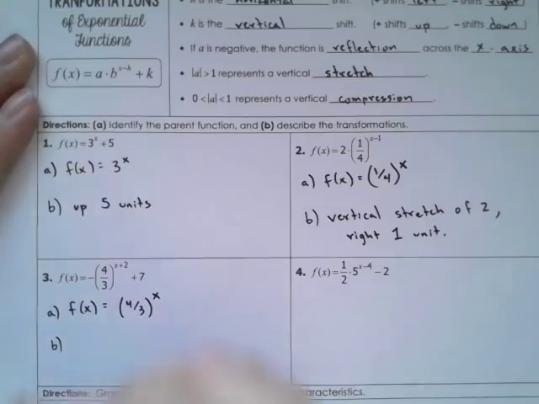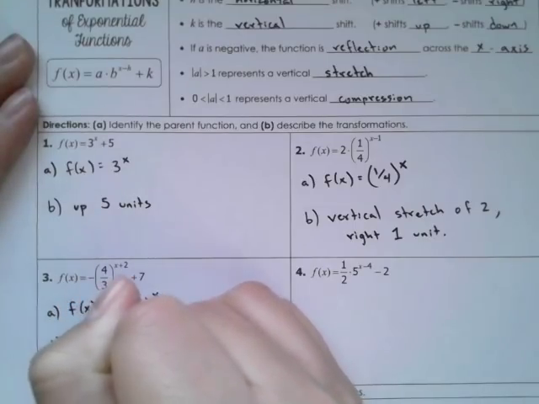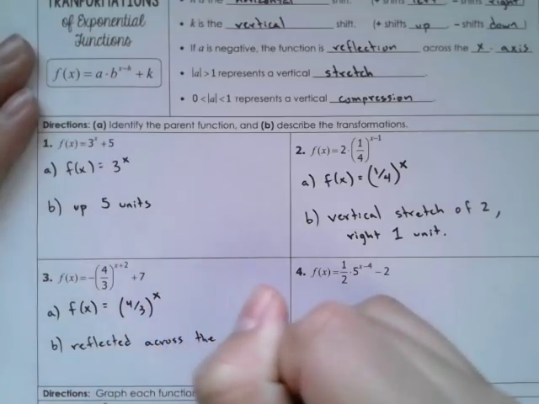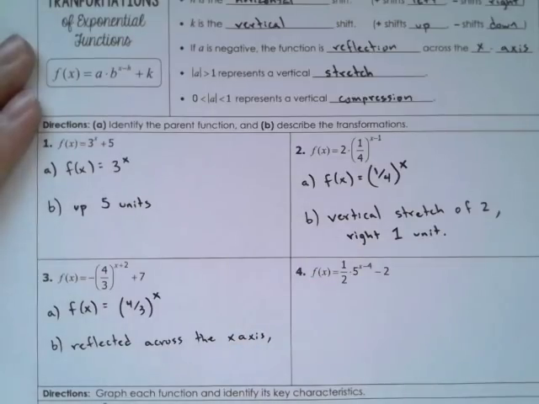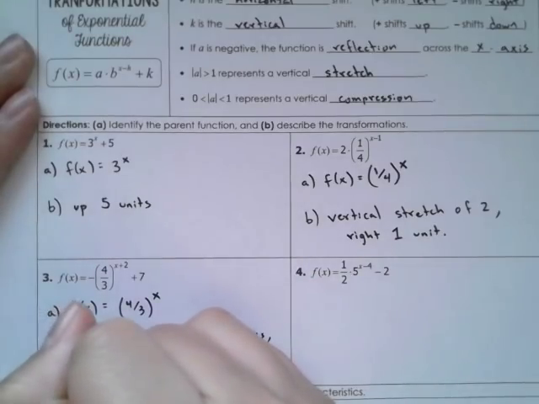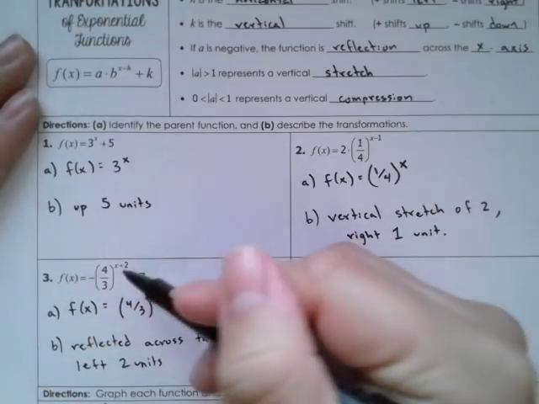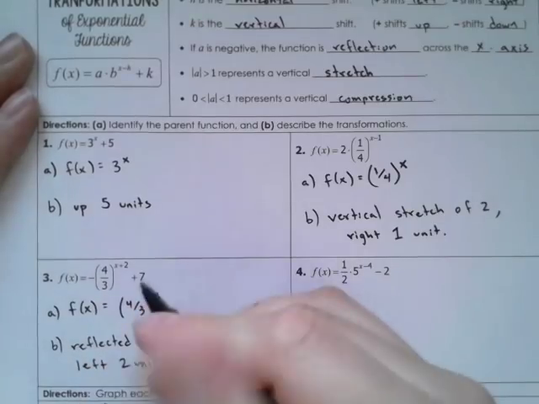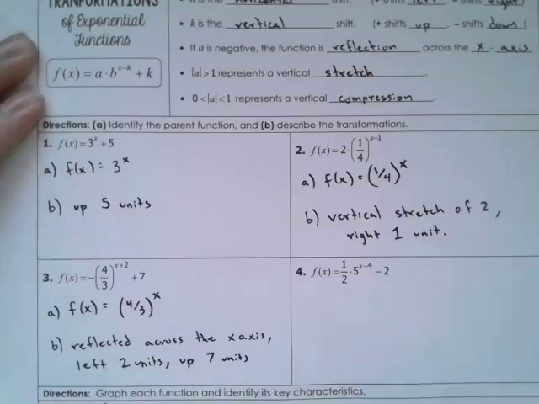Now the transformation here is reflected across the x-axis, and then you go to the left 2 units because it's plus 2, which means I plugged in negative, so left 2 units, and then I have plus 7, so up 7 units.